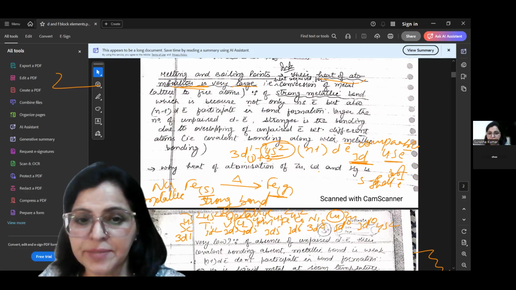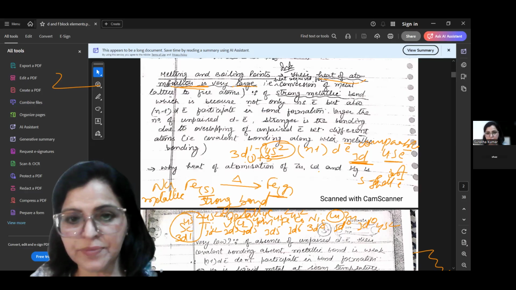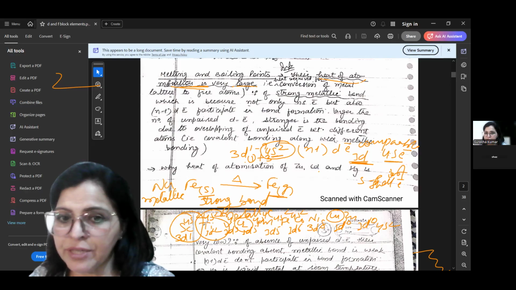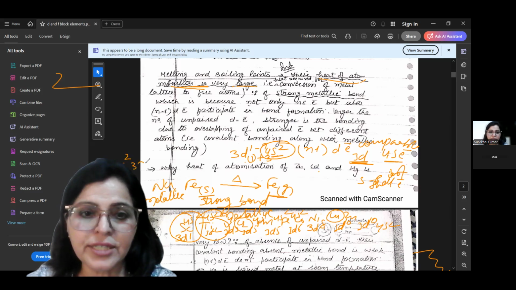Now listen carefully. In scandium, 3 electrons will participate in bond formation. In titanium, 4 electrons will participate in bond formation because the configuration of titanium is 4s2 3d2, and vanadium configuration is 4s2 3d3.